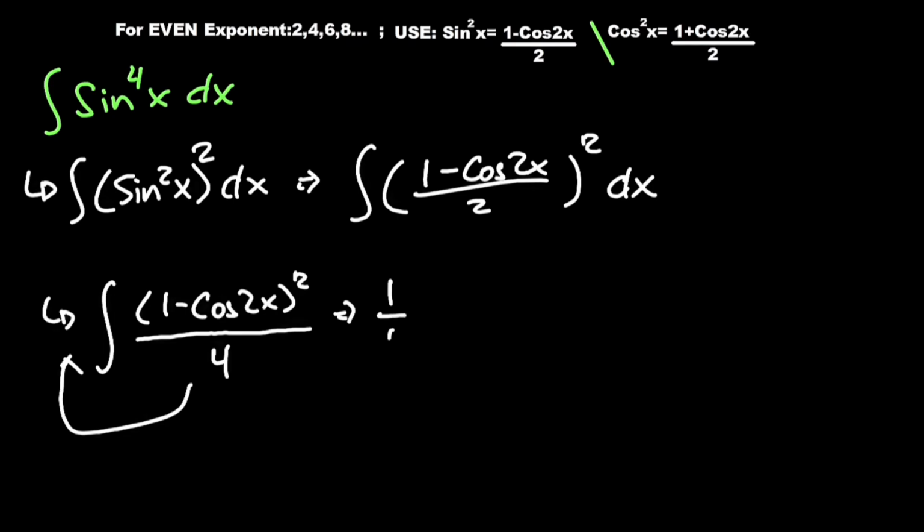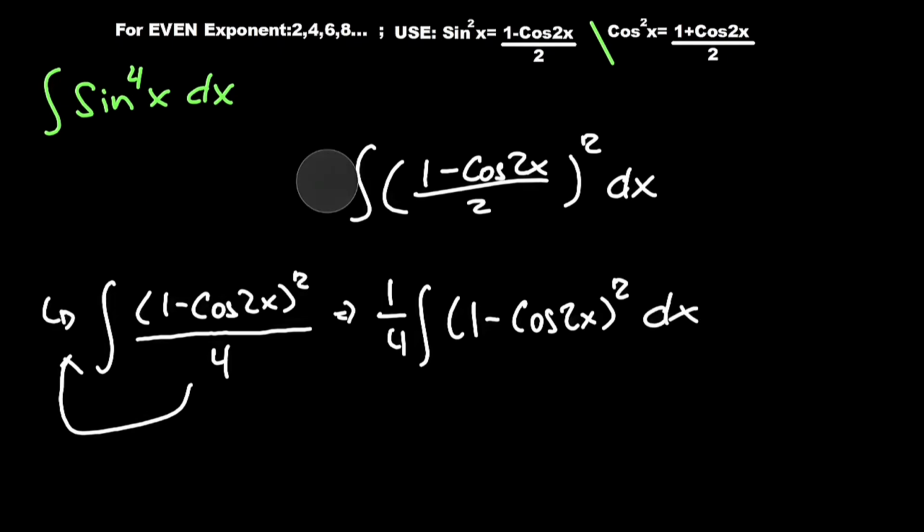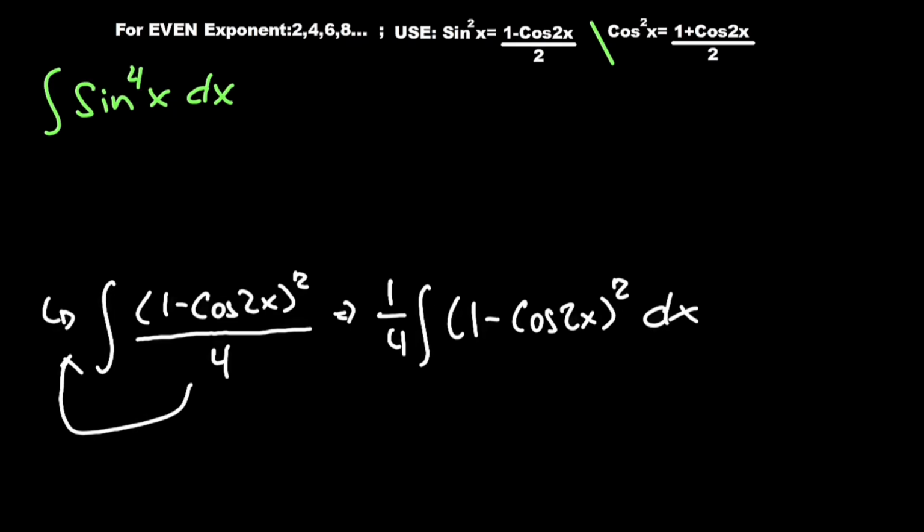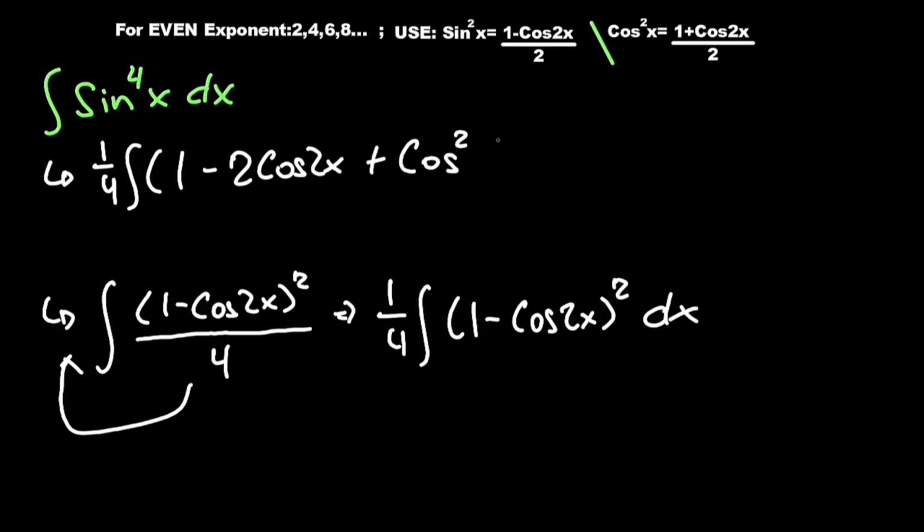So, this would be 1/4 the integral of 1 minus cosine of 2x raised to the power of 2 of dx. And so, we can first expand this. So, this would be 1/4 the integral of 1 minus 2 cosine of 2x plus cosine squared of 2x of dx.